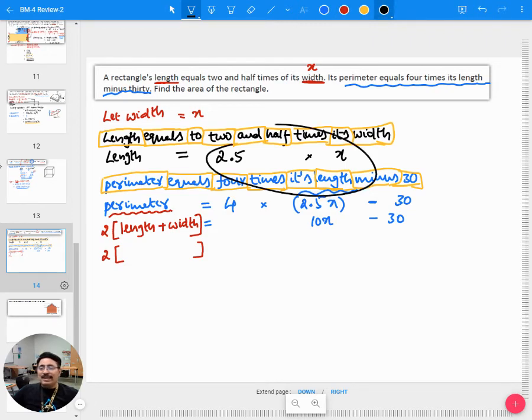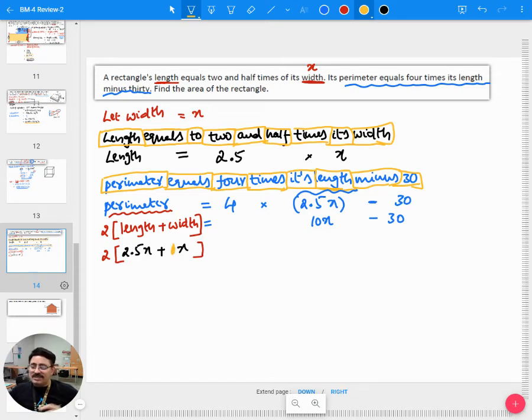Earlier we thought length as 2.5x and width as x, right? So let's plug in those values, length as 2.5x plus width as x. One more important thing is if there is no coefficient, you take it as 1.